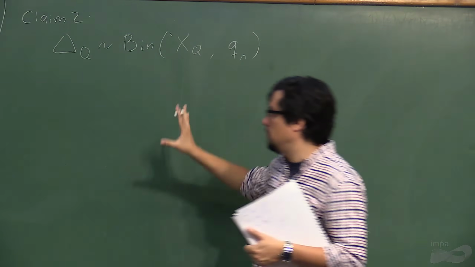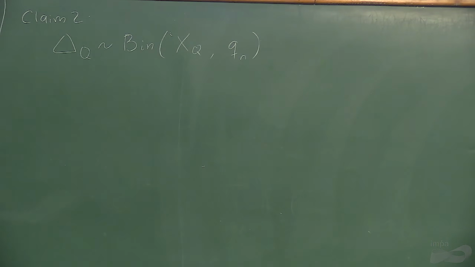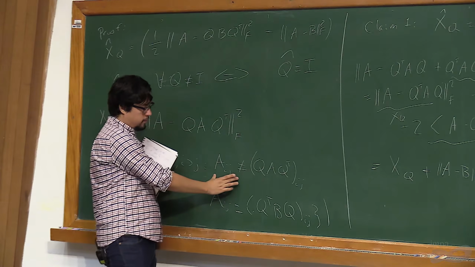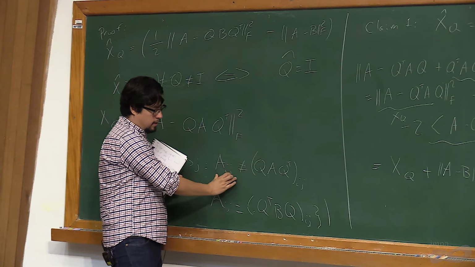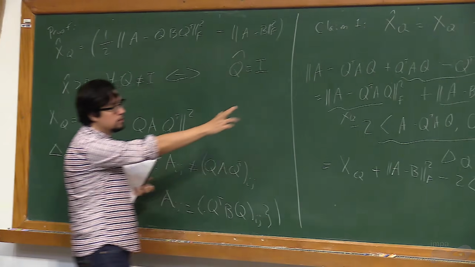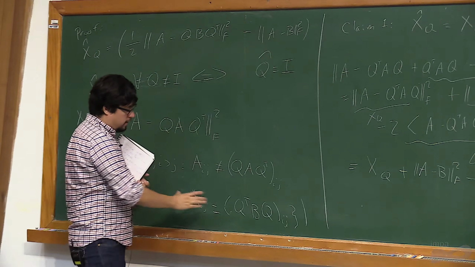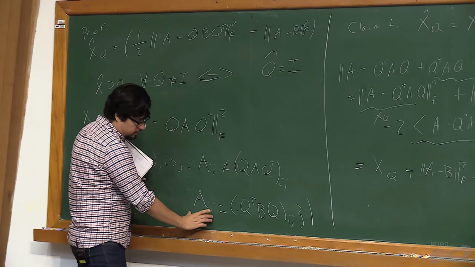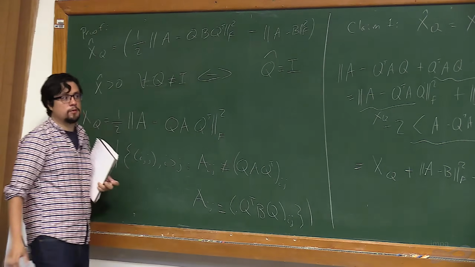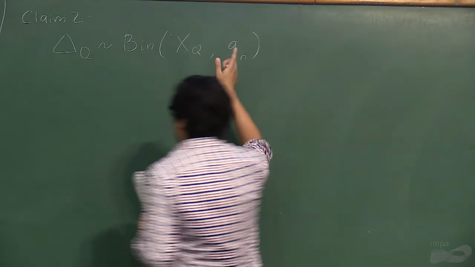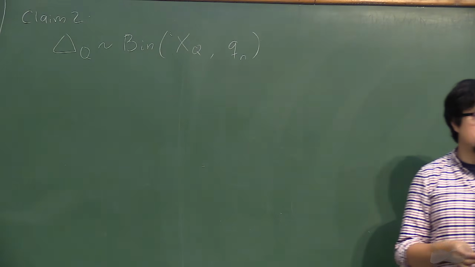And this is also easy to see from the definition because in this definition, we're counting the number of times that A is different from the permuted version of itself, which is just equal to XQ. And then the chance that this is equal to 1 is basically the chance that A gets perturbed with probability Q, right? So this is the parameter of the binomial.